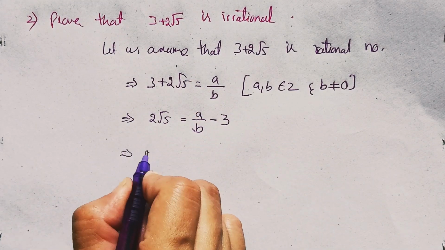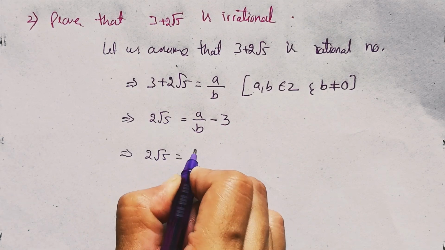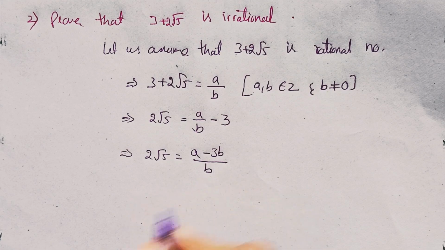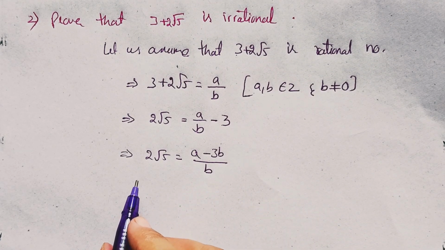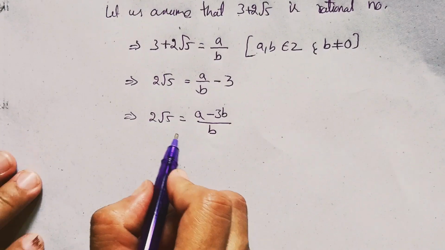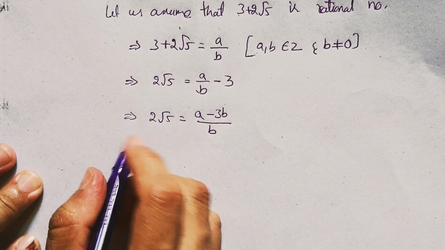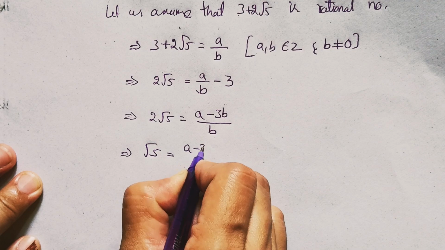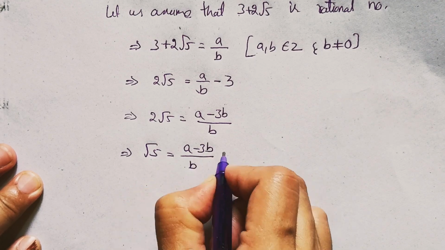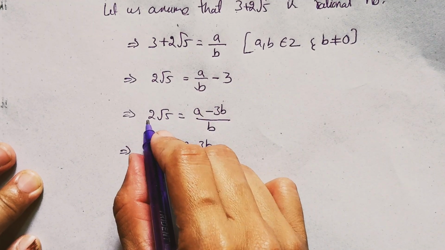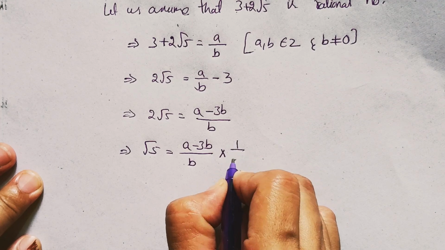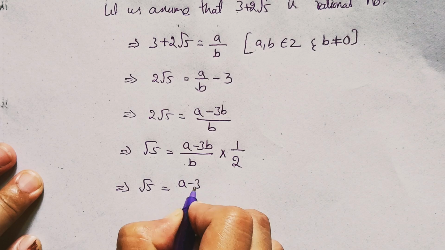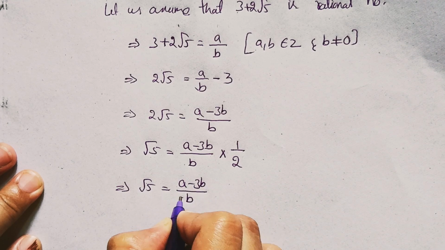Then 2 root 5 equal to a minus 3b by b. Now I am sending this 2 to that side. Then root 5 equal to a minus 3b by b multiplied by, here multiplication is there, when it comes to this side, it will be division. That implies root 5 equal to a minus 3b by 2b.